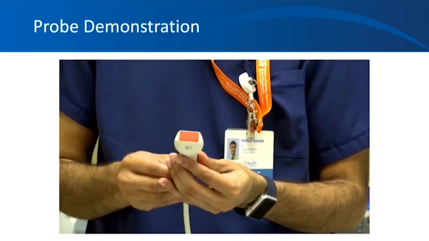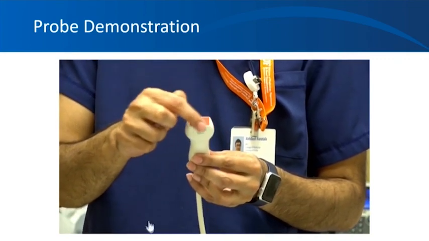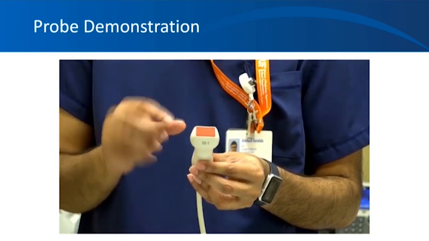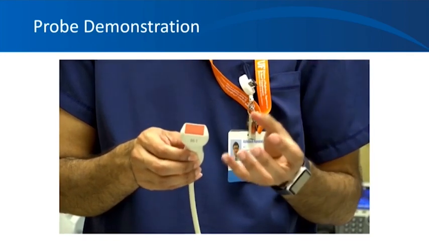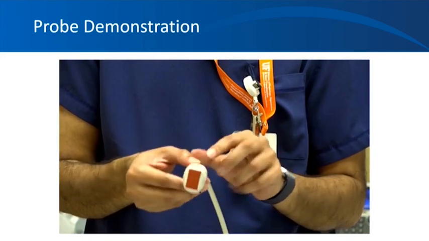So the probe we use to do cardiac examination, or the cardiac probe, is called phased array probe, and it has a small footprint. Footprint is the part of the probe that comes in contact with the patient's body, and because of the small footprint, you can easily scan in between the ribs and avoid rib shadows while looking at the heart.